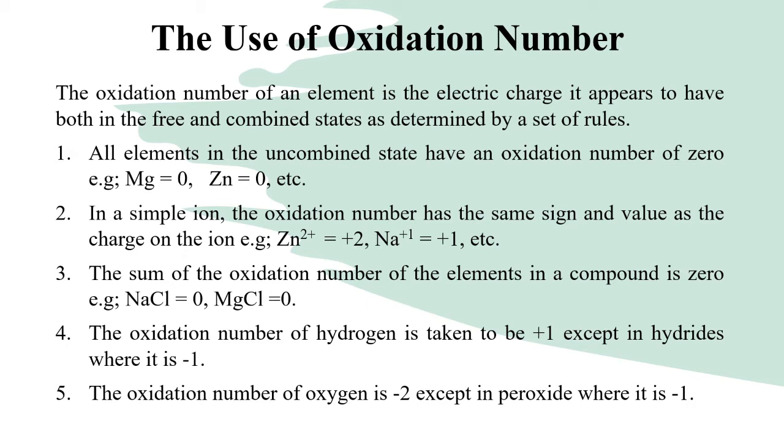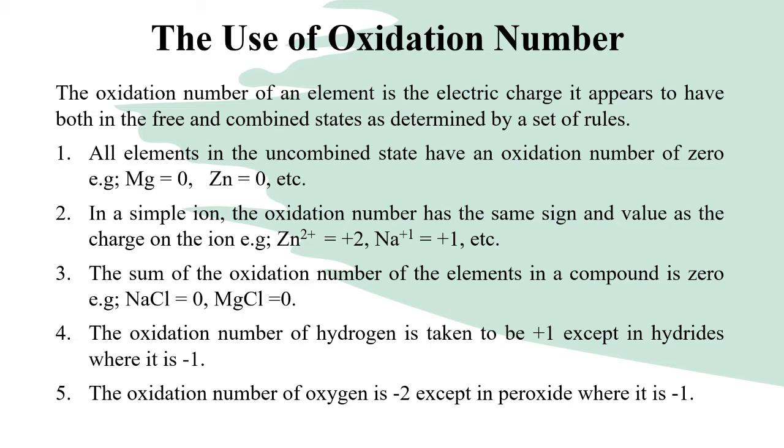Magnesium chloride is 0, since it has no charge on it. Number 2, in a simple ion, the oxidation number has the same sign and value as the charge on the ion. For example, we have zinc, it carries 2 positive, so the oxidation number of zinc is 2 positive.